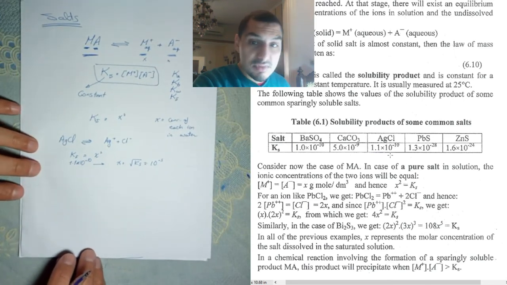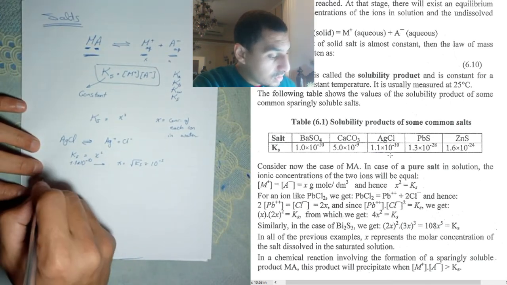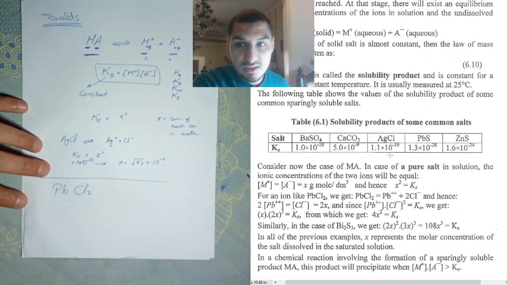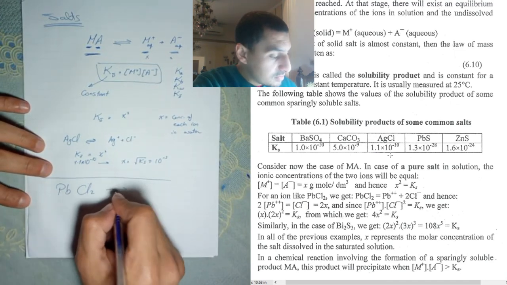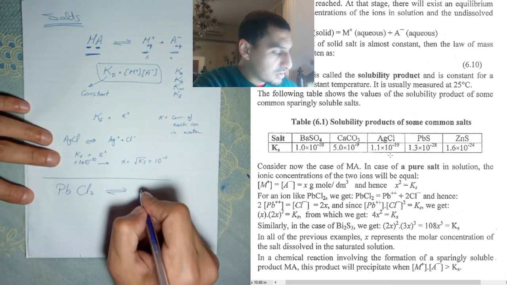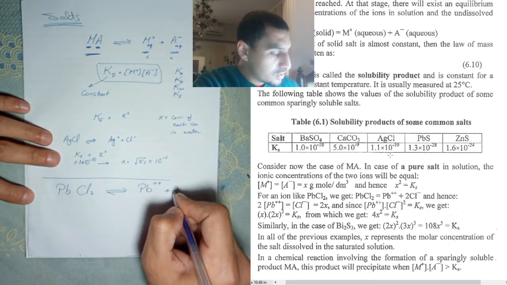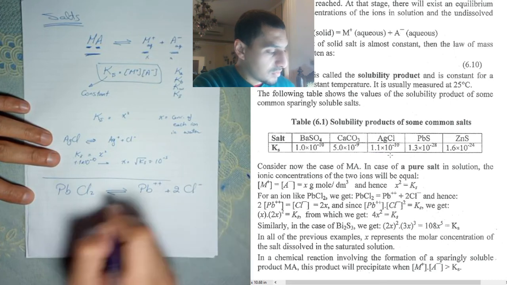Let's see another case, for instance, PbCl2, which is lead chloride. This is going to be different because it's going to give Pb 2 plus and 2 Cl minus.